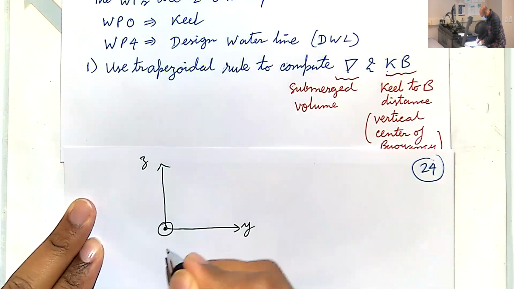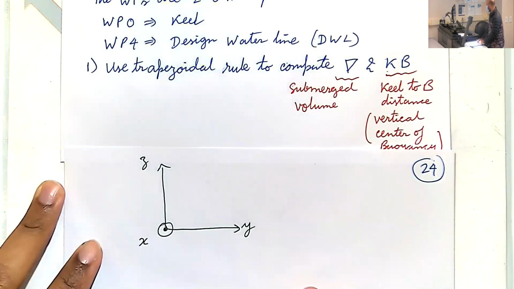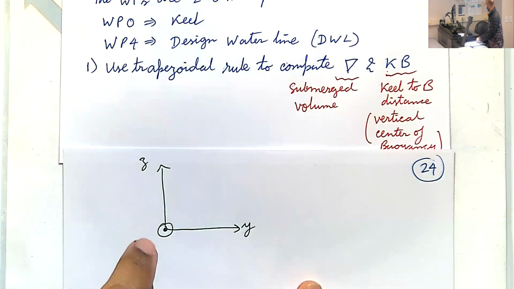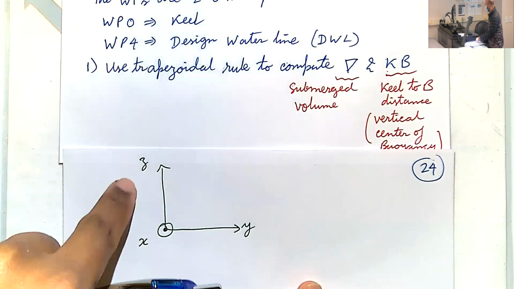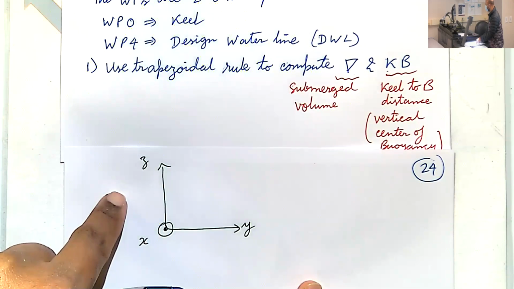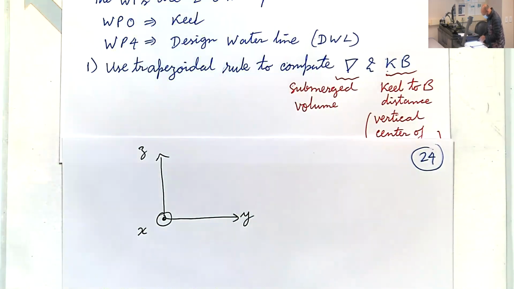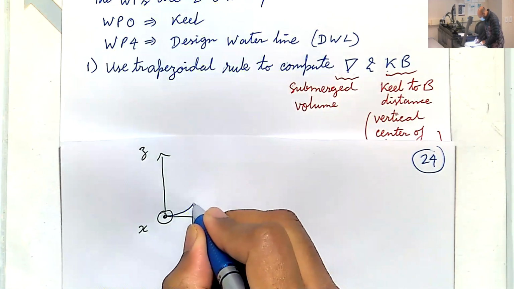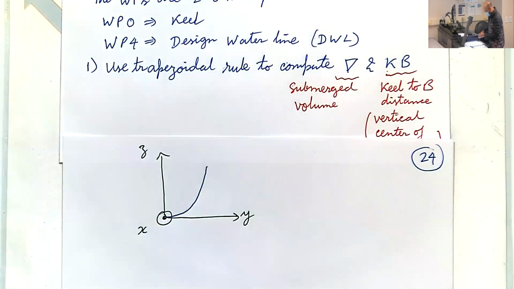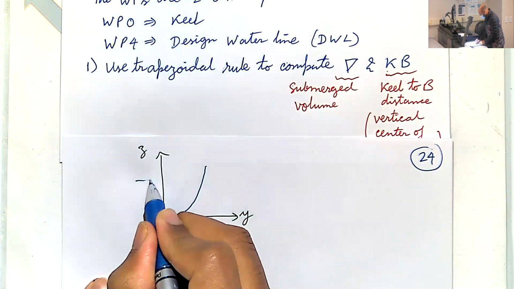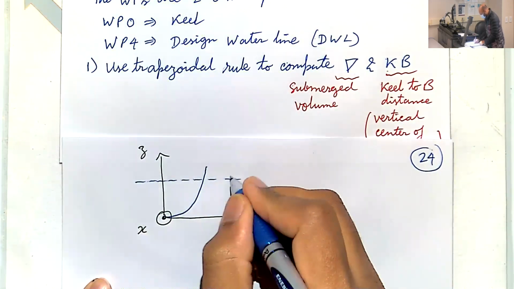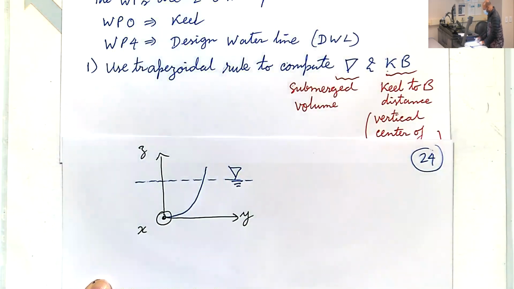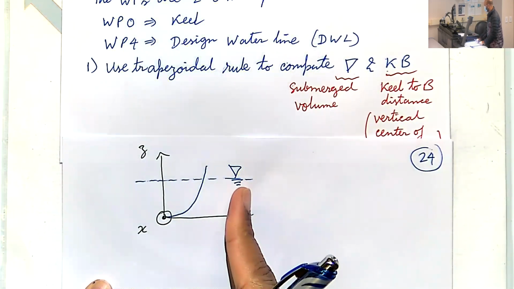And coming out towards us is the x-axis. So you're basically looking along the ship hull towards the aft. And if the hull shape is something like this, and this is the water line. Remember, this is a symbol we use to denote water line.